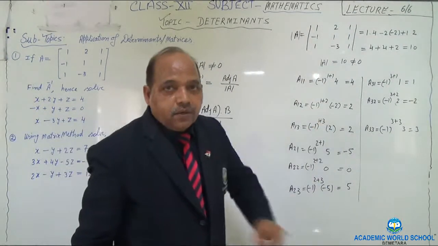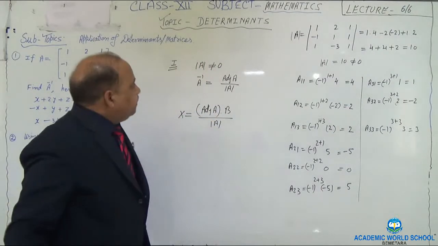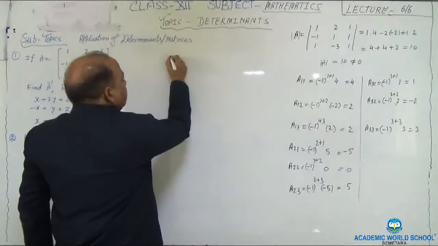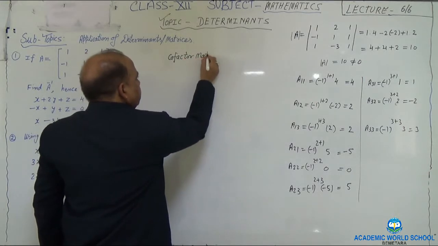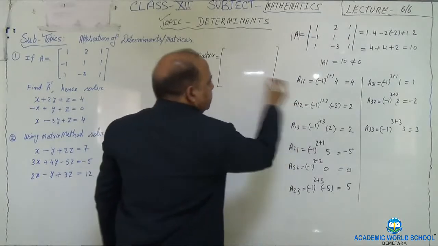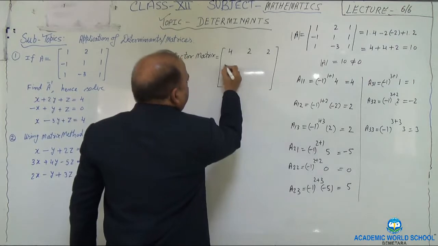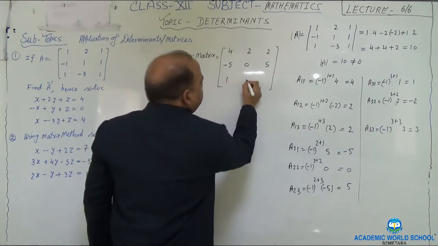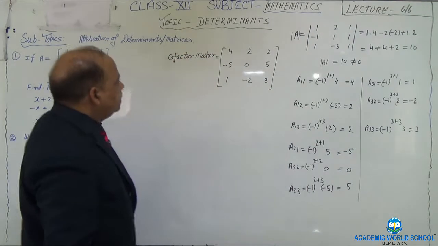these are the cofactors. So step 1, first we have to prepare the cofactors matrix. So now I am preparing cofactors matrix. My cofactor matrix will be, what will be that? 4, 2, 2, minus 5, 0, 5, and then 1, minus 2, and then 3.